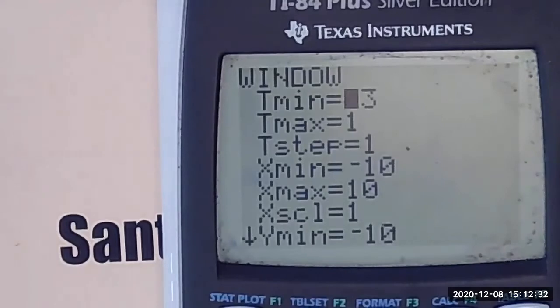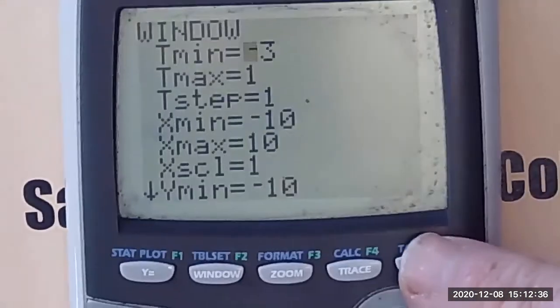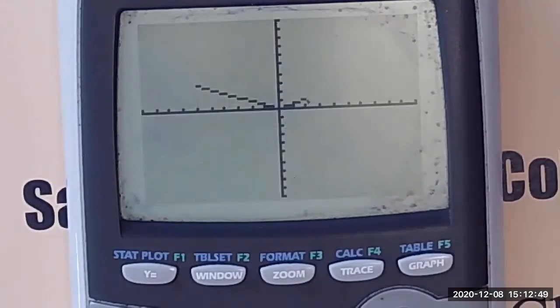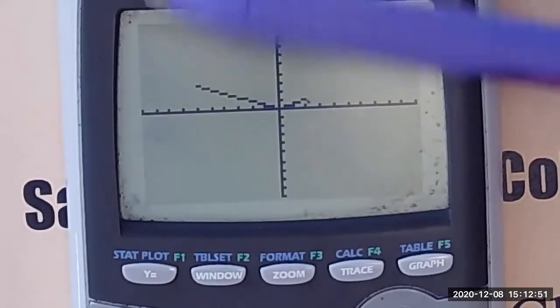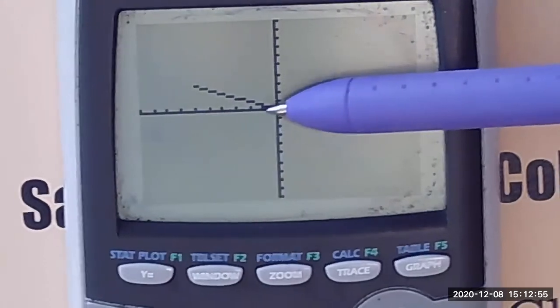So if I hit graph right here, it's going to plot, let's see, when t is -3, -2, -1, 0, 1. It's going to plot 5 points and connect the dots. It did it really fast, but it looks like it's doing this funny little thing here.